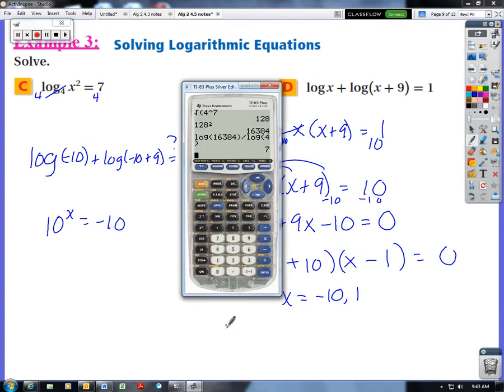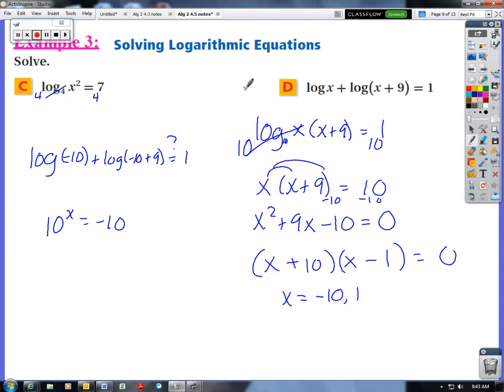Okay, if you can't think of anything, that's because there isn't an answer. Because check this out, log of negative 10. There's an error. It's because you can't take the logarithm of negative numbers. So what this means for us is that negative 10 is not a solution, because it won't work. It's not in the domain.